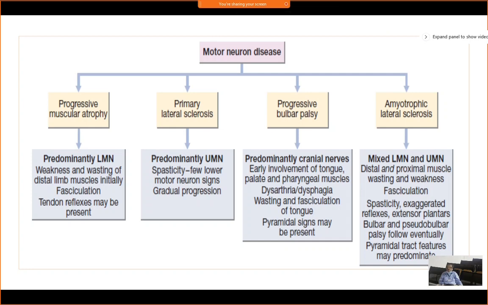If it is a lower motor variant of the cranial nerves, we find predominantly involvement of the tongue, palate, pharyngeal musculature with dysarthria, dysphagia, wasting and fasciculation of the tongue, and pyramidal signs may or may not be present, depending upon how much upper motor neuron involvement there is. So we find basically 4 or 5 variants of motor neuron disease, of which the last variant, amyotrophic lateral sclerosis, is the most common.